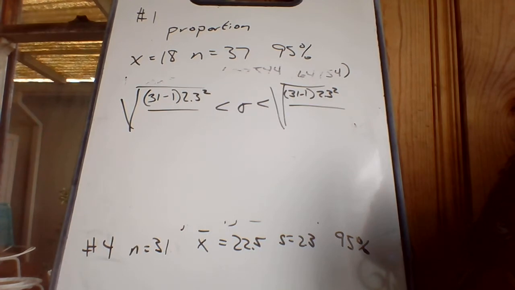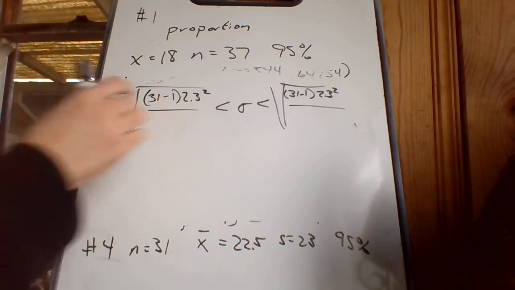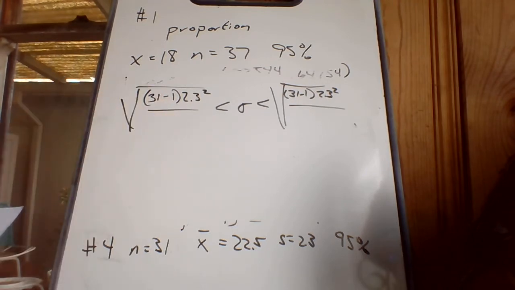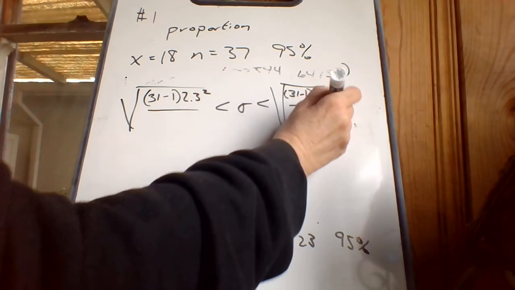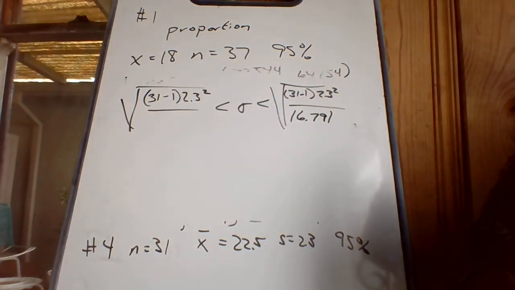Gotta go to my chart. It's 95%. Luckily, I've learned that every time it's 95%, I can just go down these middle two columns. I go down to 30 and go to the middle two columns: 16.791 and 46.979.